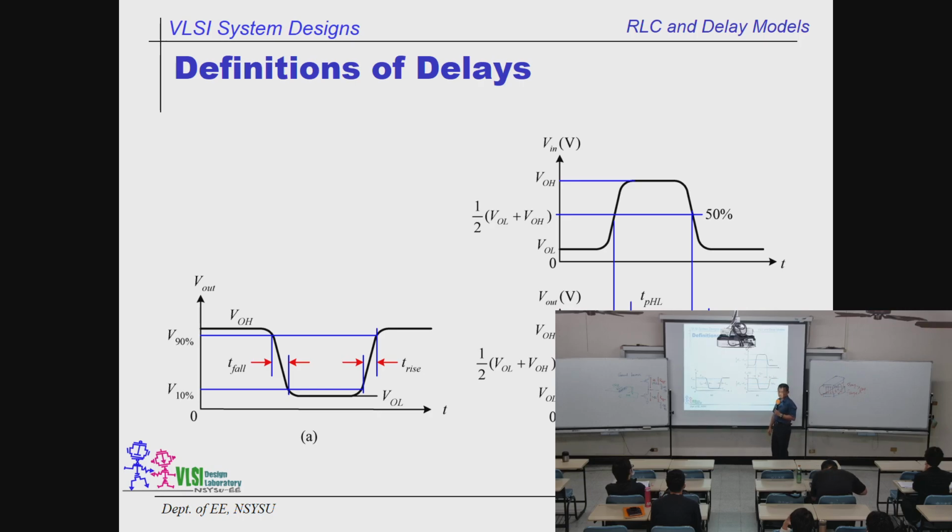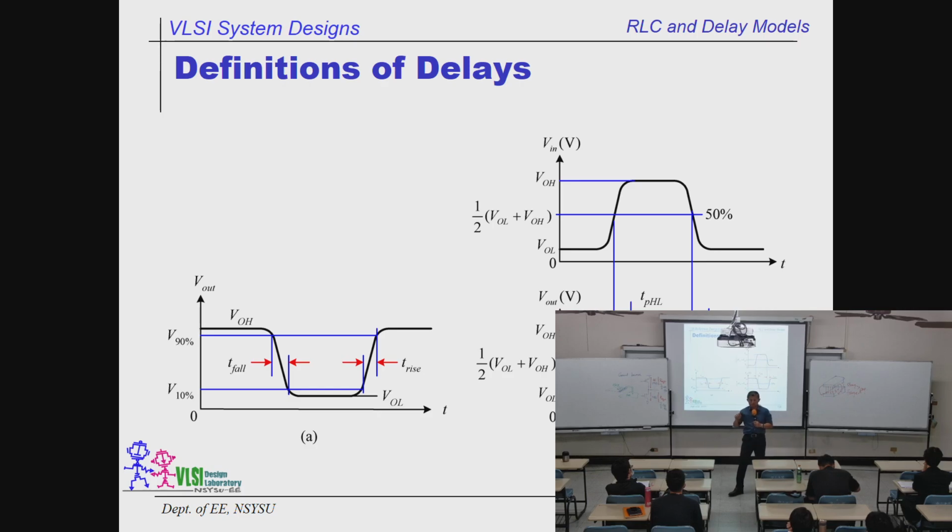And how to define the delay? This edge is corresponding to the rising edge over there. So we define the delay. It's called the propagation delay. It's half of the voltage, half of the VOL and the VOH, to half of the VOL and the VOH here. This is called the PHL.